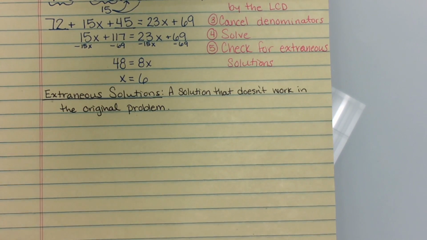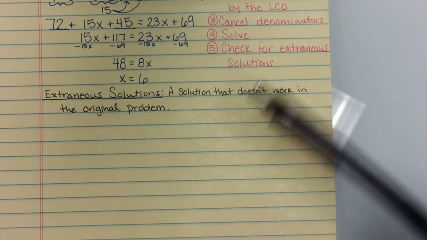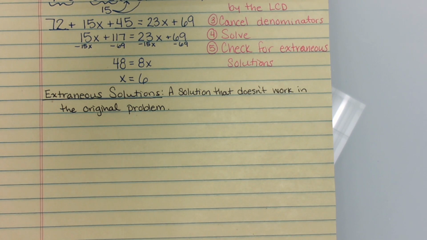If you solved incorrectly and the number doesn't work, that's not an extraneous solution. It's just a wrong answer. So one of the things that happens as we're solving equations by opposite operations, we tend to ignore the fact that the original problem may have had some limitations of what it could be.